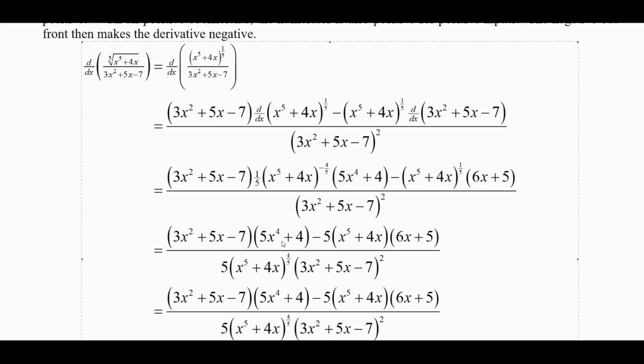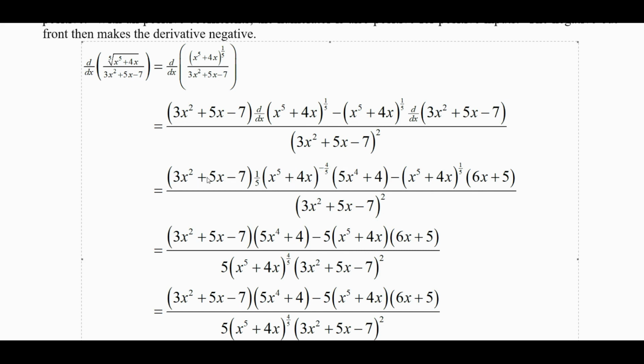Dividing that, we get, let's see here. Yeah, so another way to say it is multiply top and bottom by x to the 5th plus 4x to the positive 4/5. That puts it in the bottom, and the top we distribute, so it's going to cancel that out.